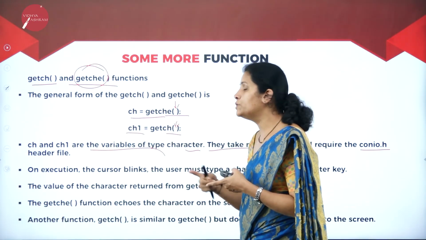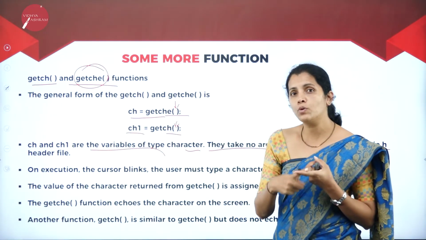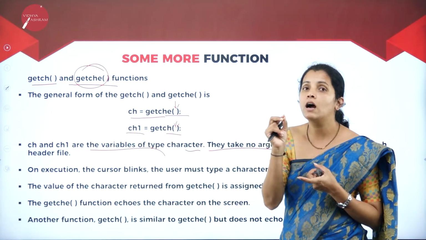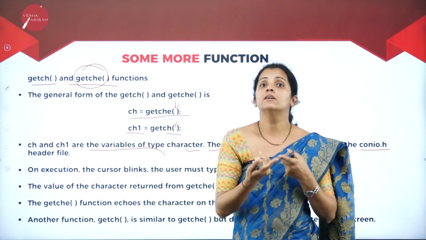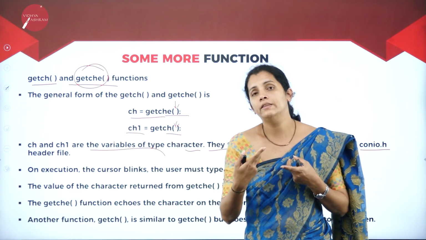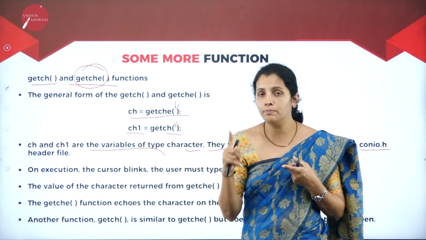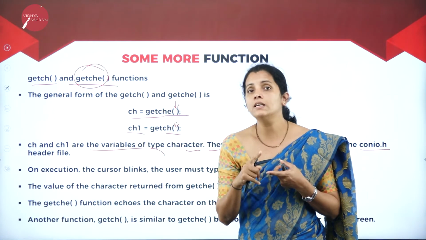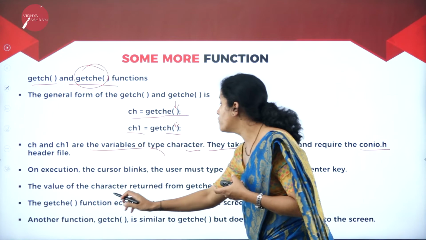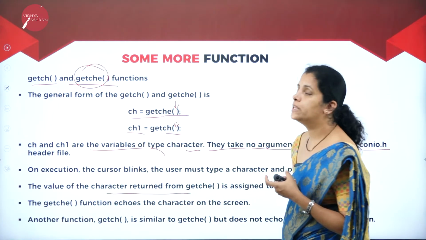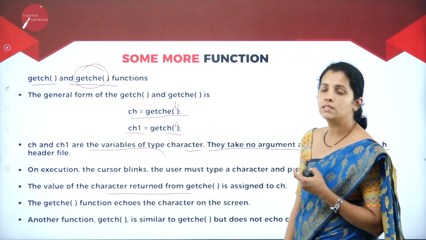And on execution, the cursor blinks. That means when you run your program, your cursor starts blinking, and the user must feed the character. The value of the character returned from getche must be assigned to ch.